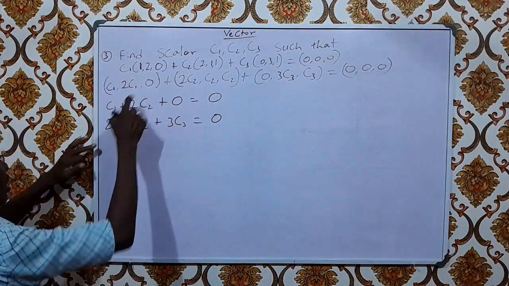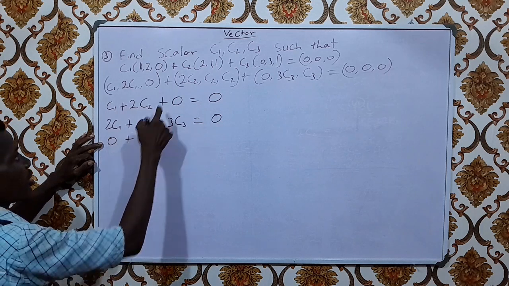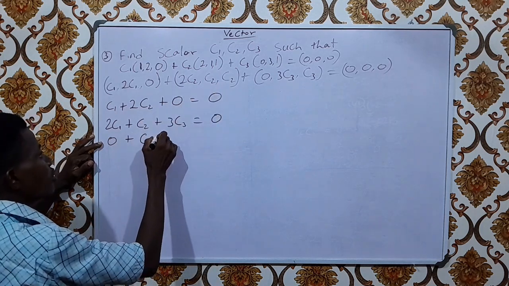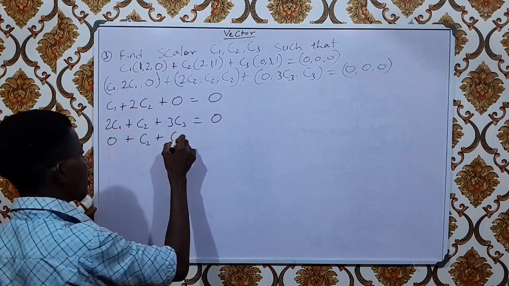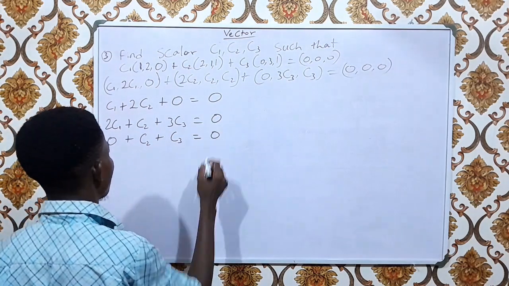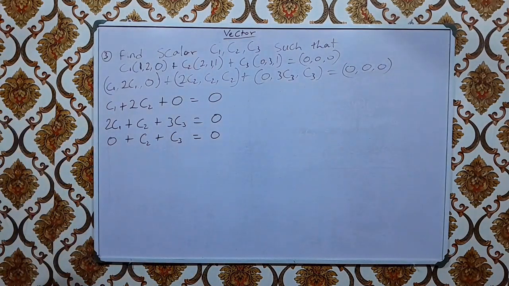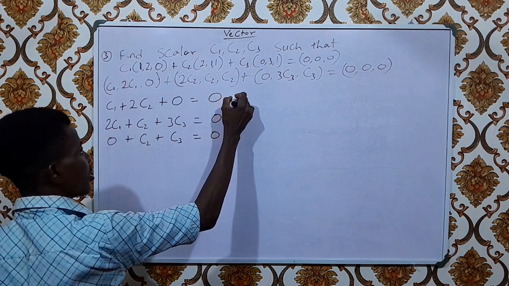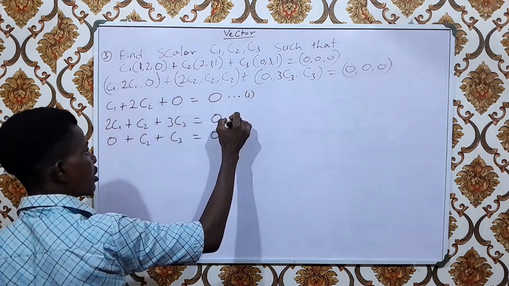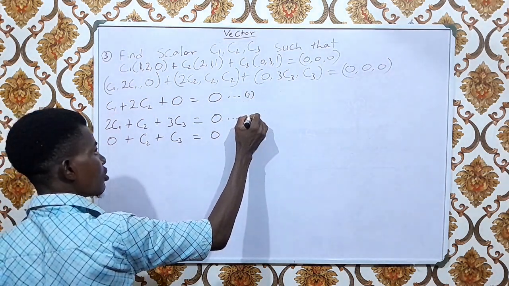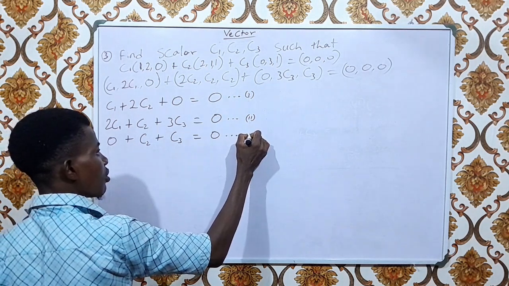We take this again, the last one: 0 plus C2 plus C3 will give us 0. We name our equations: equation 1, equation 2, equation 3.